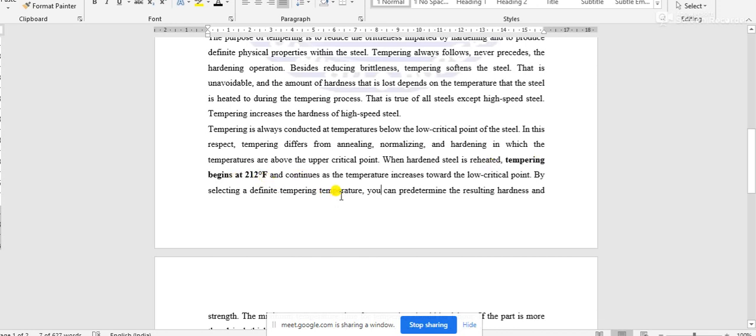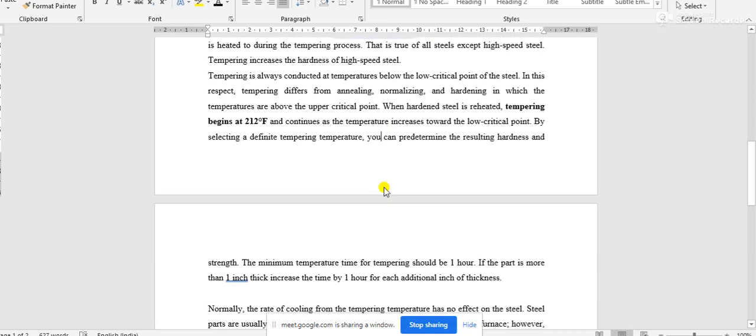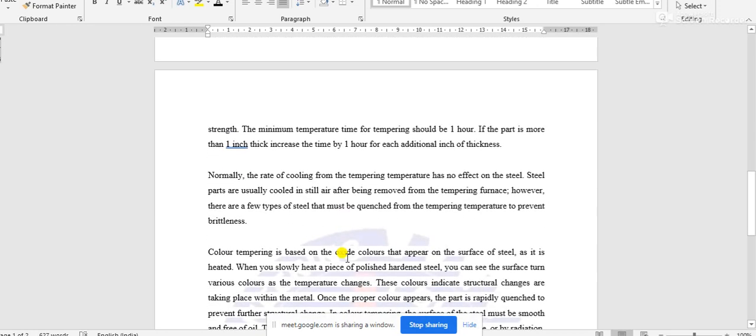That means the reduction of brittleness starts from 212 degrees Fahrenheit. And you may decide a specific temperature if you want to bring the brittleness to some predetermined value, and in those cases the resulting hardness and strength will be predetermined and you have to calculate them previously.